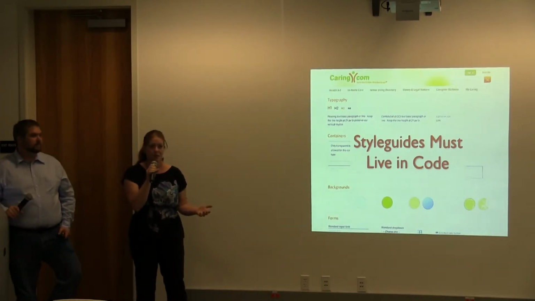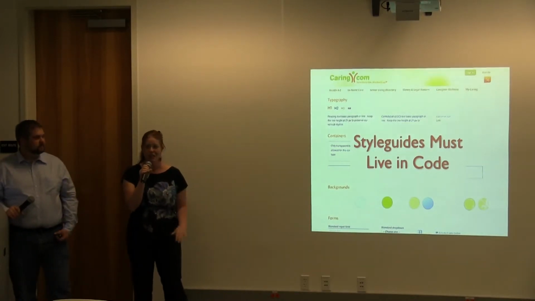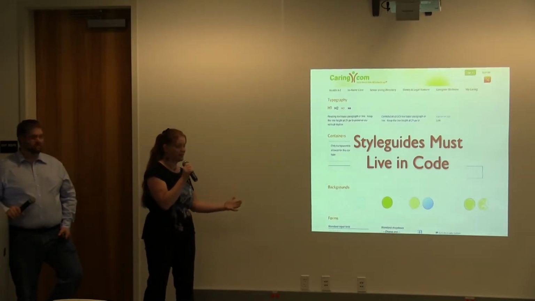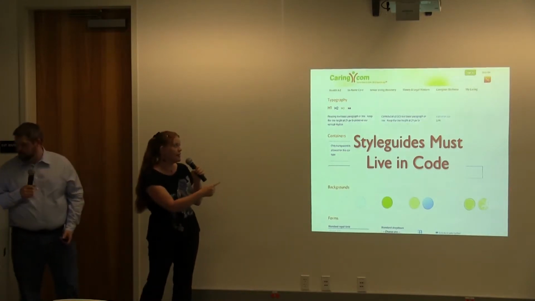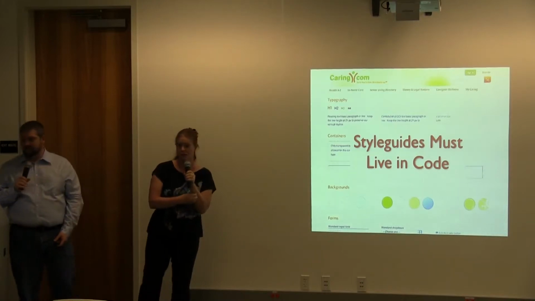But what do developers read every single day? They read code. So practice usability. Take it to the people in the form that they are used to, and make your style guide live in code. This is an actual screenshot of a page of our style guide. It's HTML.